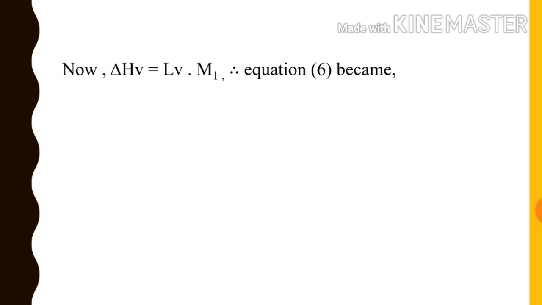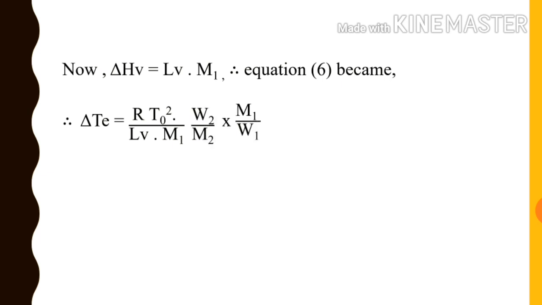Now putting this value in equation number 6, equation number 6 becomes delta TE is equal to RT0 square upon LV into M1, times W2 upon M2 into M1 upon W1.